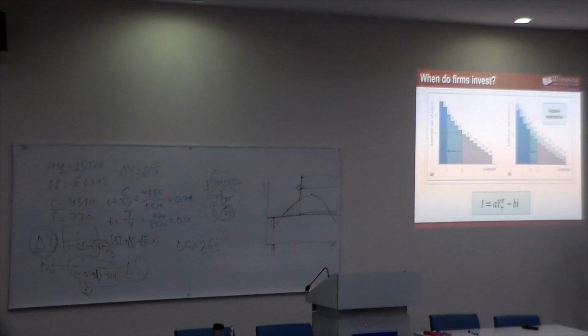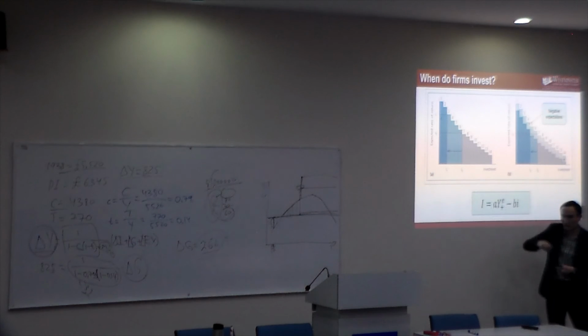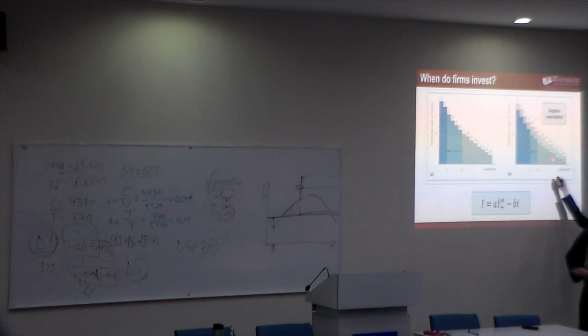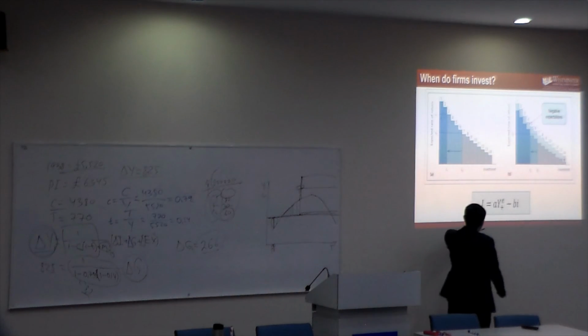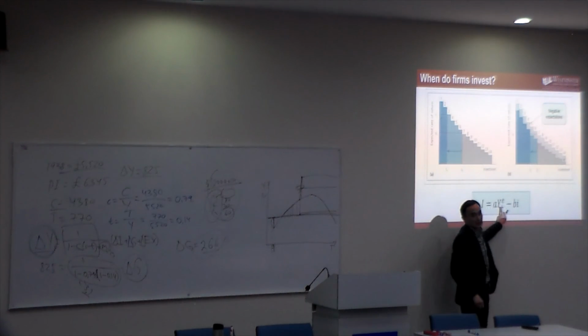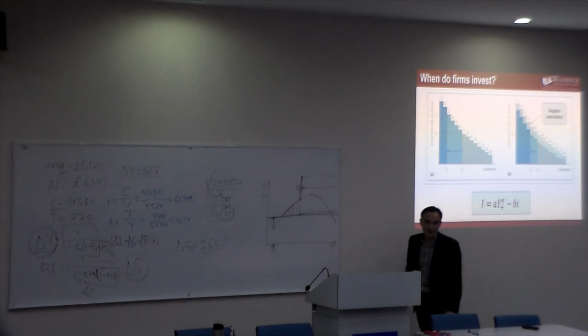If the expectation is negative, then investment will be less. If the expectation is positive, that there will be a boom in the economy, then investment projects will rise. So investment itself depends on expected income and interest rate.